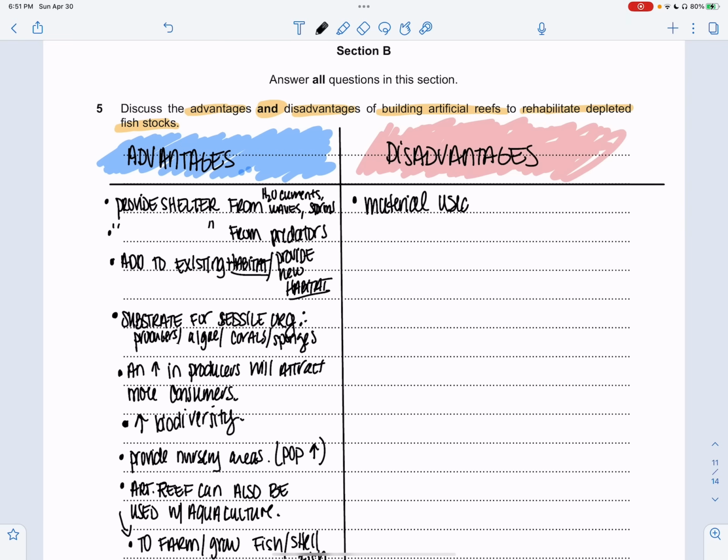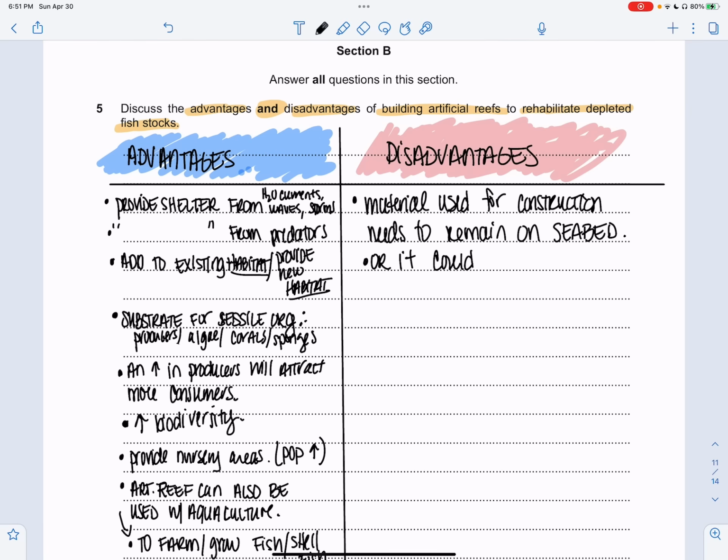So the material used for construction of the artificial reef needs to remain on the seabed, could, this is marked in of itself, move during winter storms.